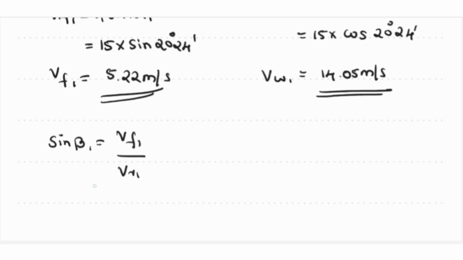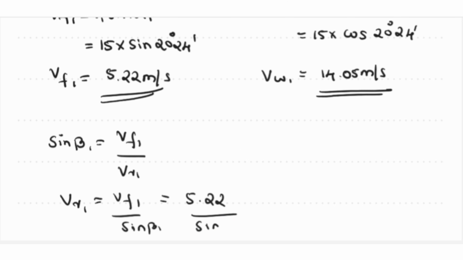So VR1 is equal to VF1 divided by sine of beta 1. VF1 is 5.22 divided by sine of 30. You get VR1 is equal to 10.45 meter per second.